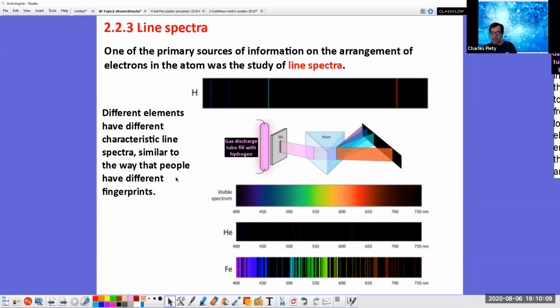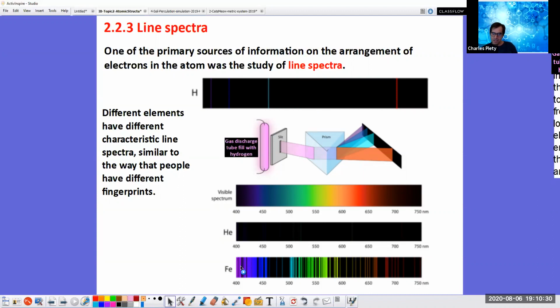So this was amazing from Niels Bohr's perspective, because he was able to make the connection between the hydrogen in this glass tube here and the hydrogen on the sun and the light that it was producing, either emitting or absorbing.